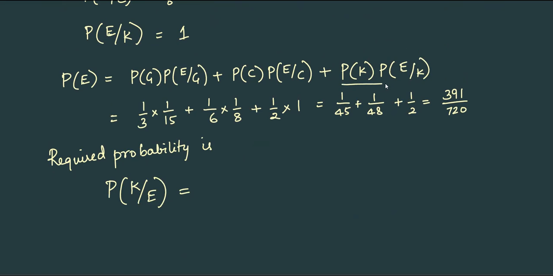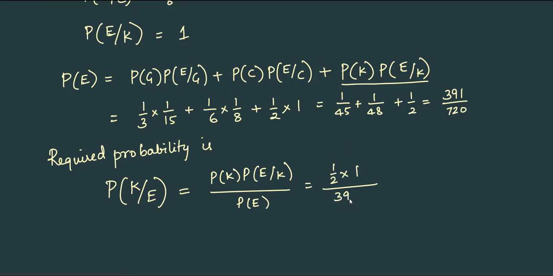So this is this term divided by the total. So this is half into 1 by 391/720. So this becomes 360/391. This is the answer.